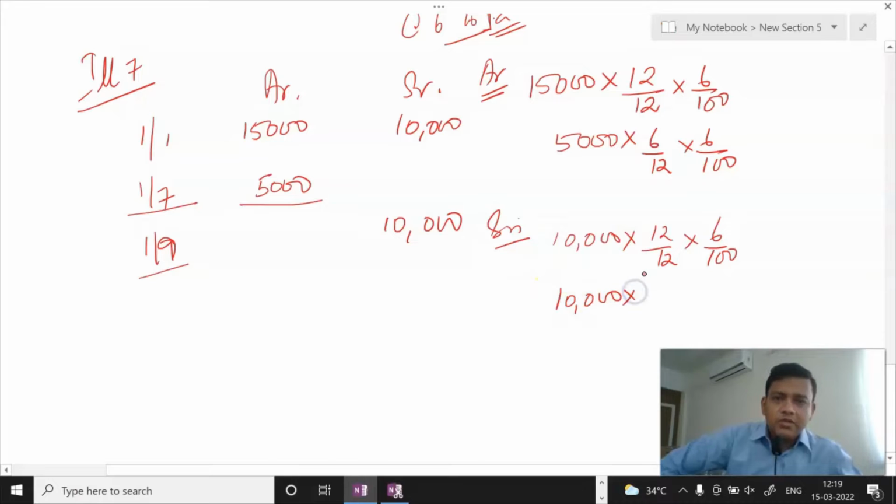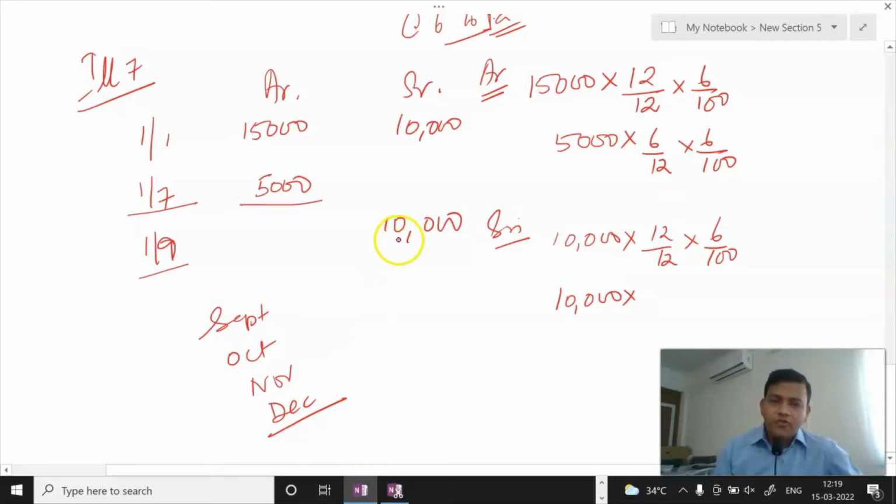So 10,000 into September, October, November, December. Should we go for January? No, we should only stop with this. So I'll tell again, see September, October, November and December. So that is going to be for 4 months.